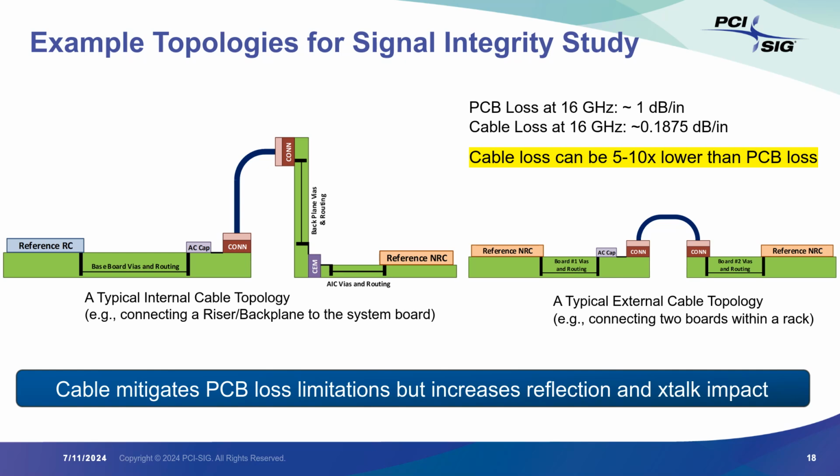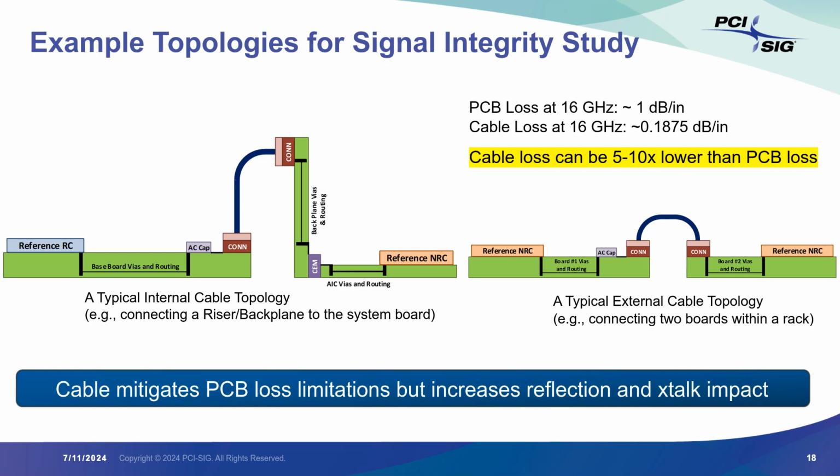For internal cable, we have an example here. There could be many such topologies, but as you can see, the cable takes it from a system board to a riser card. And then within the riser card, we may have multiple CEM connector or other connector-based cards. So I call it a 3-connector topology.